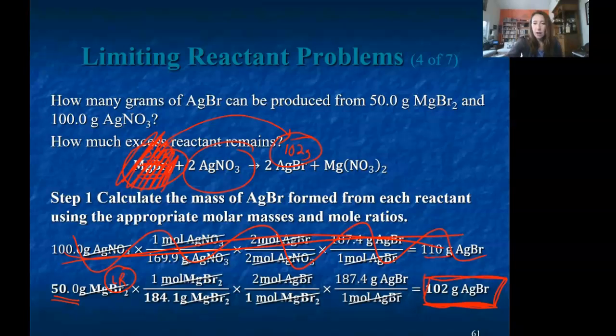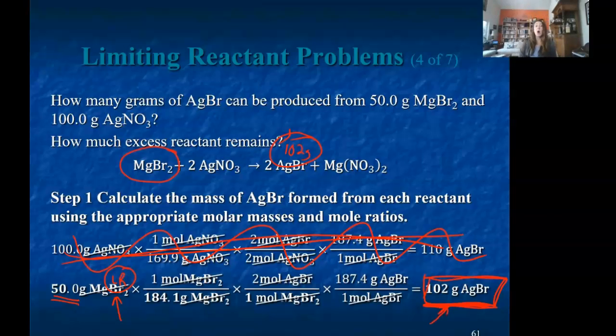We could have never gotten to this 110 because after 102, we didn't have any of this left. It's all gone. We just had this sitting around, right? So we couldn't make any more product because it was gone. So that is how we find our limiting reactant. Again, it's always going to be the one you start with. The amount of product is your answer. You get the smallest one, always the smallest one.